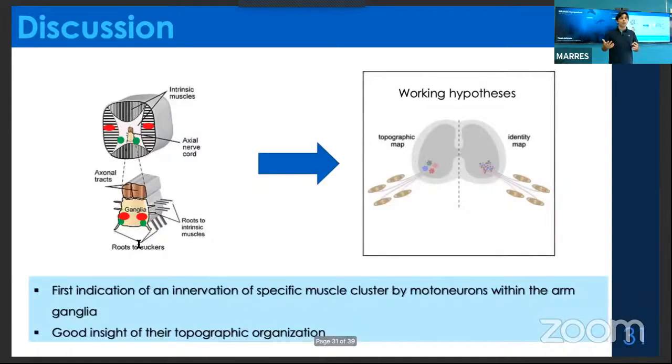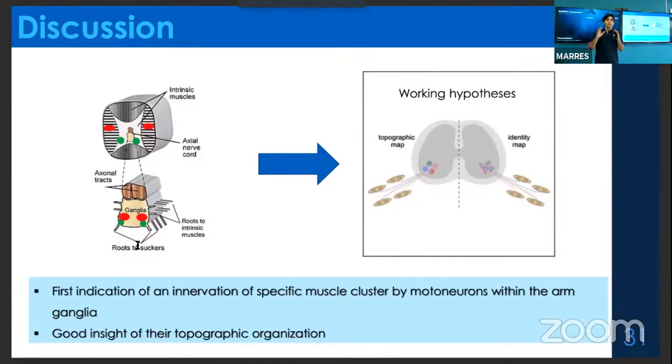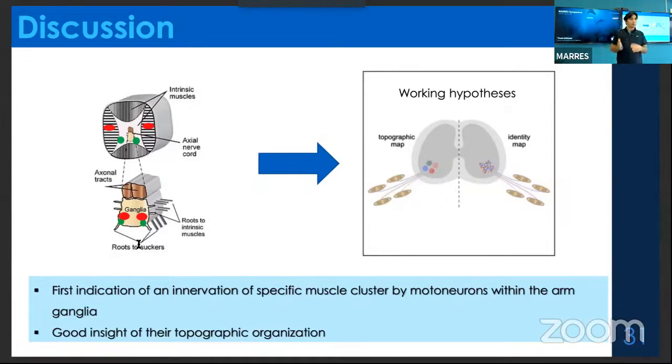So going back to the working hypothesis, that gives the first indication of the innervation of specific muscle clusters by the motor neurons within the arm ganglia. And this is going towards the topographic map hypothesis, so that we have clusters of neurons inside the ganglia that are spatially correspondent to the muscle they innervate in the arm.